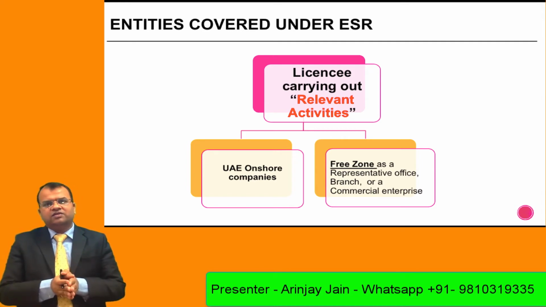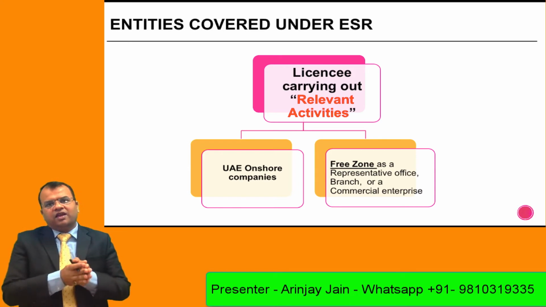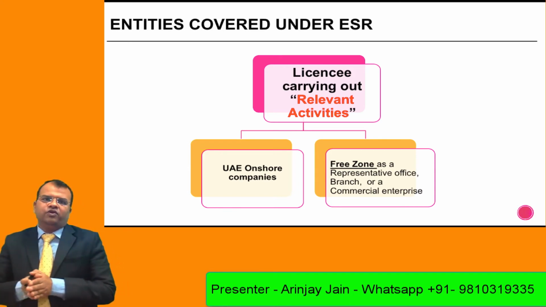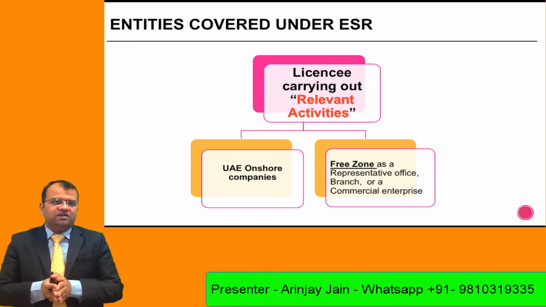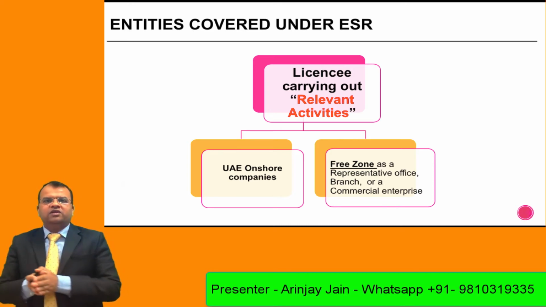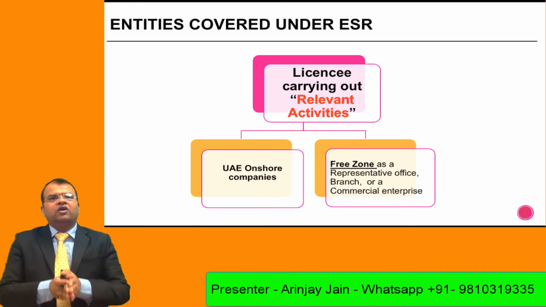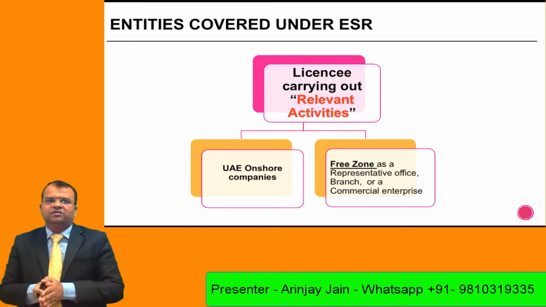The second question is, when we talk about relevant activity, the idea here is, am I earning some profit in the UAE? Which means, is it that the regulations are applicable only if I am earning foreign income, or only if I am earning domestic income? At a general level, I would say that the regulations are applicable irrespective of whether you are earning foreign income or domestic income.